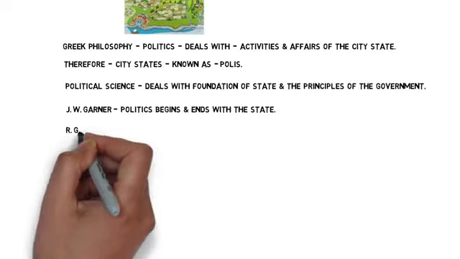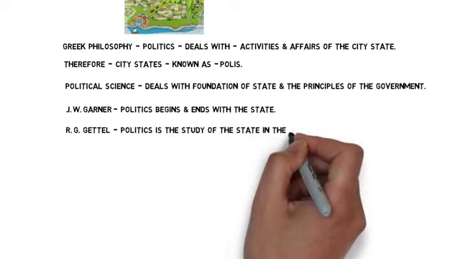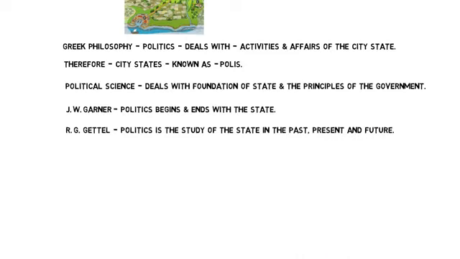Then we have R.G. Gettell, and Gettell puts it this way: politics is the study of the state in the past, present and future. So Gettell gives a very broad perspective. When we talk about the study of politics, it's basically about the study of a state and its past: what was the history of the state, how the state eventually was formed, and which individuals or institutions played a role in bringing about some kind of consensus in building the state.